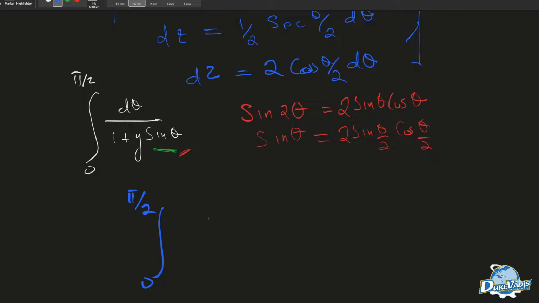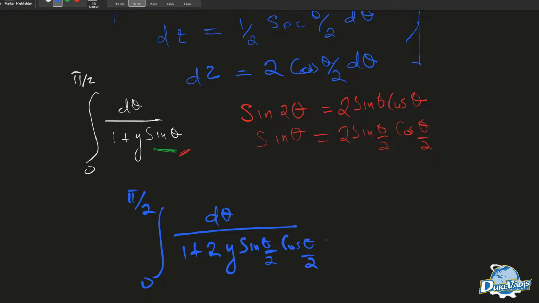We have now our d theta all over 1 plus 2 sine theta over 2 and cos theta over 2.